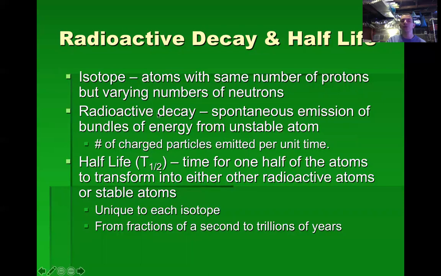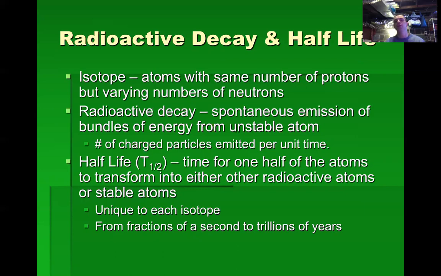A review on radioactive decay. It's important to remember that you don't actually undergo a true decay until there is some sort of rearrangement of the nucleus. That's generally from an emitted charged particle, whether that's an alpha coming out of the nucleus, or an electron coming out of the nucleus as a beta particle, or a positron.